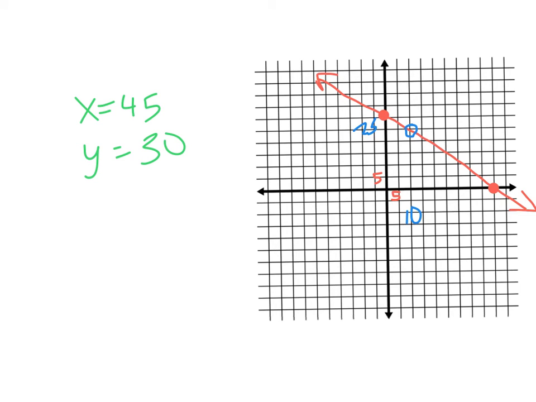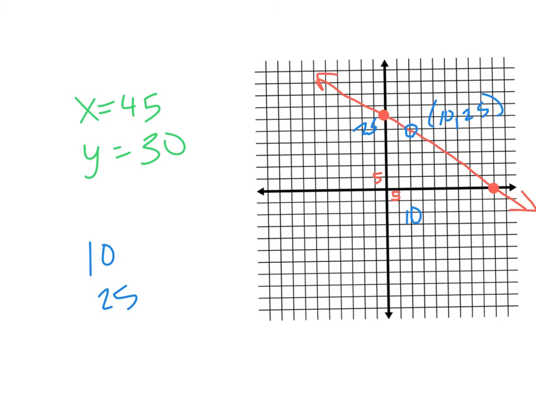Does that make sense? Because the point is (10, 25). So I'm going to rent 10 of the x value tables, which is the 4-person tables, and I'm only going to rent 25 of the 6-person tables.